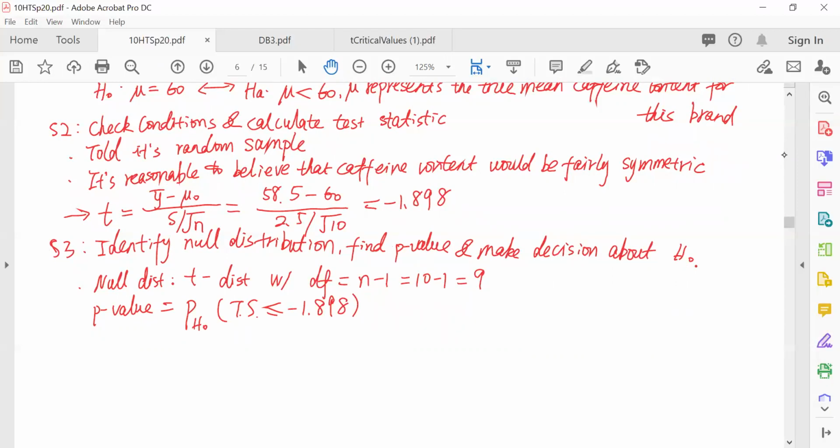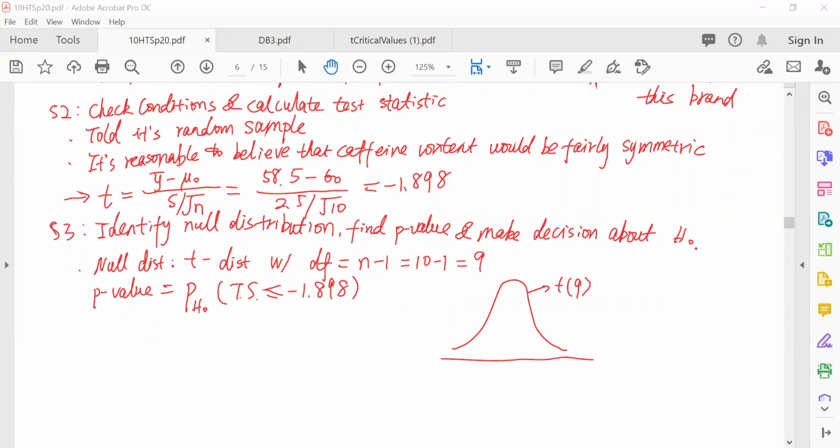If we draw it, this is our null distribution. It's a T distribution with degrees of freedom equal to 9, center is 0. We have a test statistic equal to negative 1.898. So the p-value is the area under the curve to the left of your test statistic.